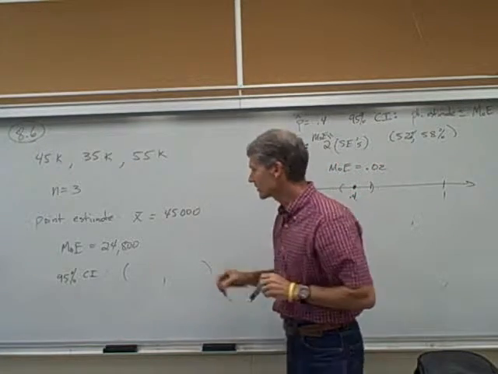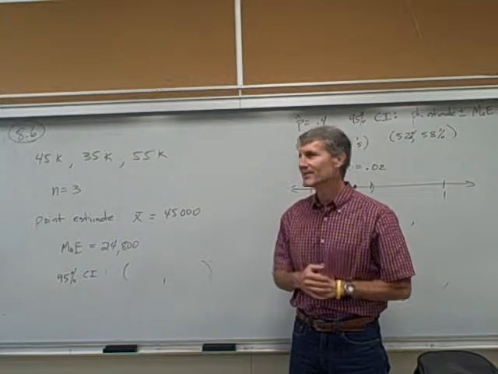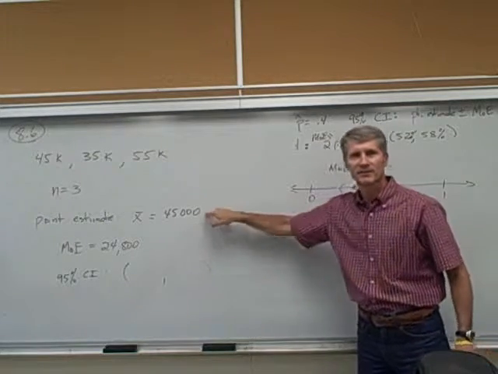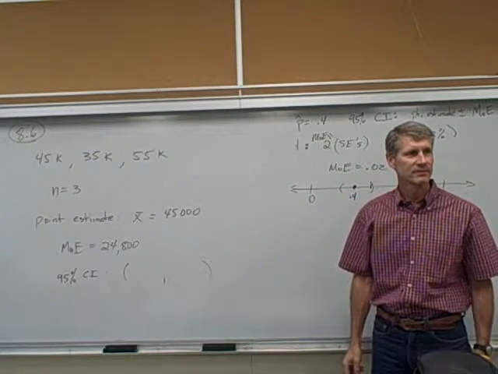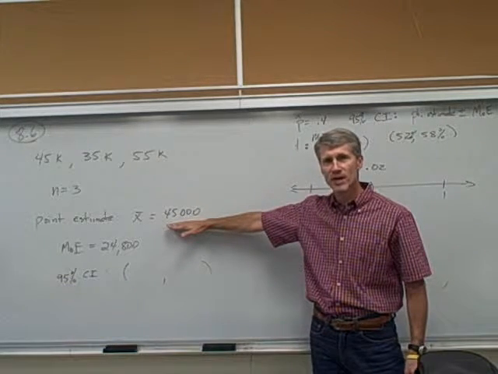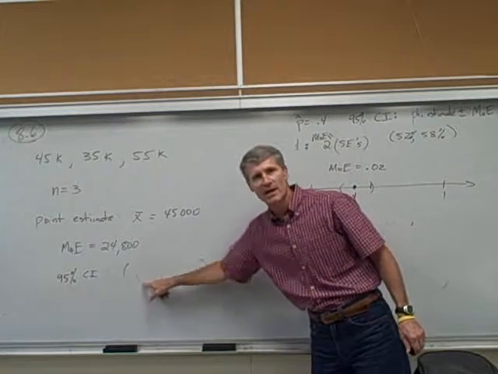Hey, Tanner, tell me what to do to get this confidence interval. What does it say right here to do? Plus or minus margin of error. It says take the point estimate plus or minus margin of error. I've got both those things written right here. So we take 45,000 and we subtract 24,800, and that gives me the lower bound.